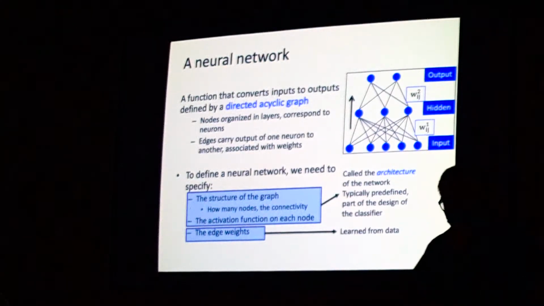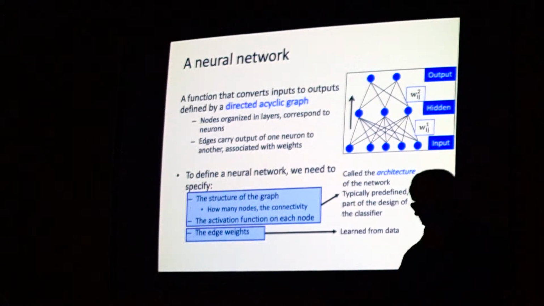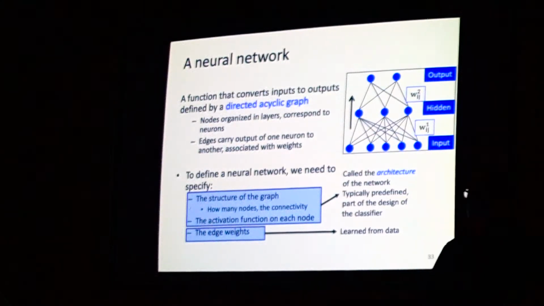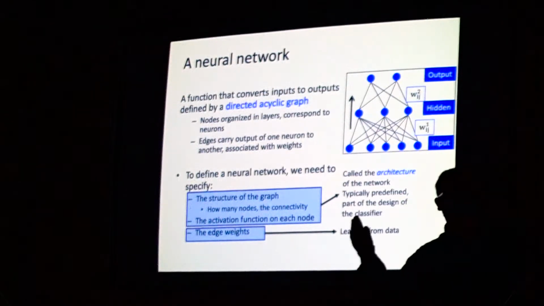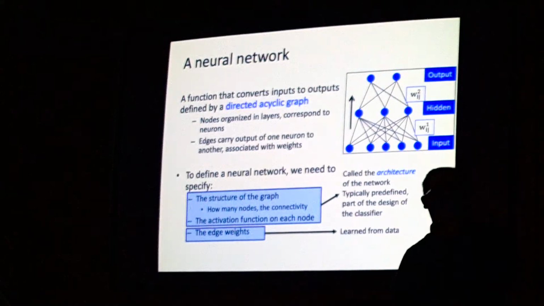The schedule for neural networks is as follows. Today we're going to continue talking about neural networks. We're going to talk about how to make predictions, supposing your neural network is given, including the parameter values. This is called the forward pass. Then we'll talk about the general training framework for neural networks.